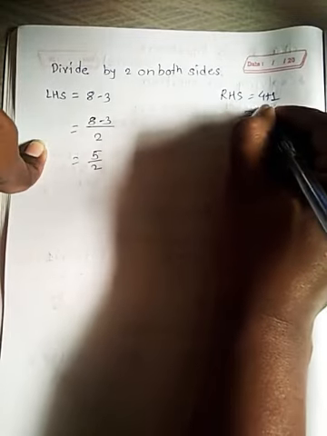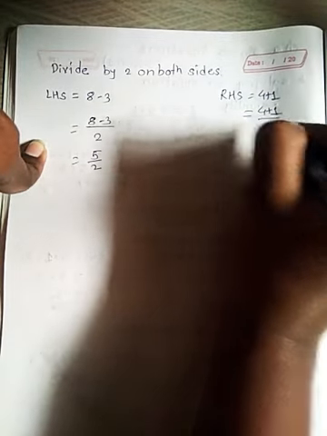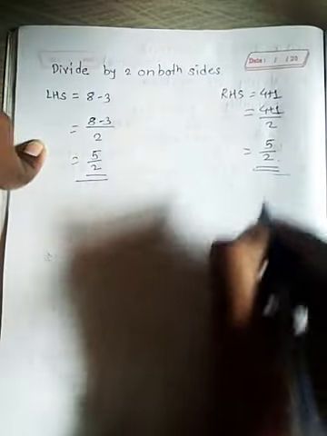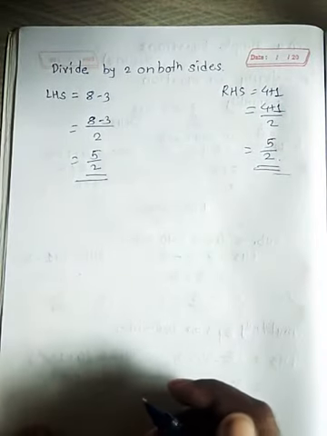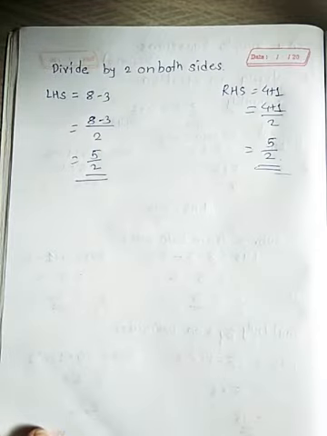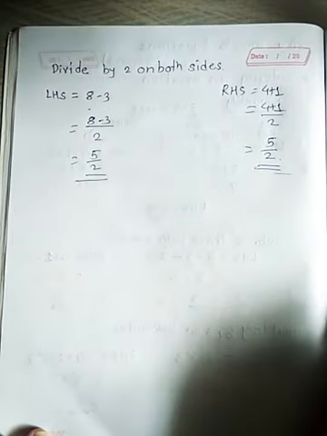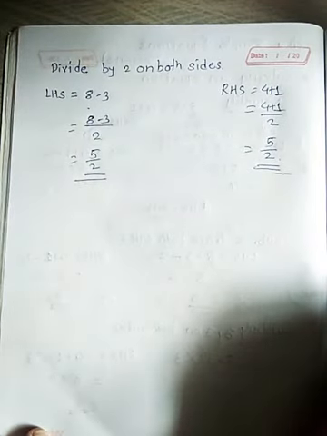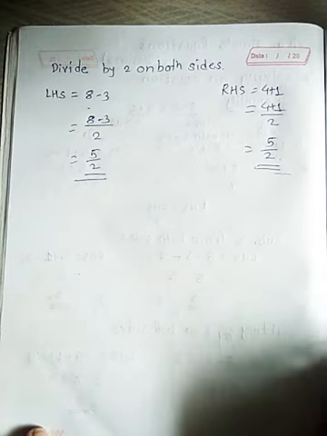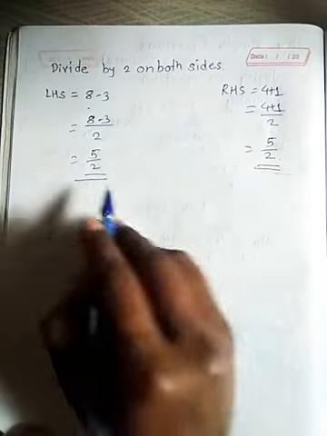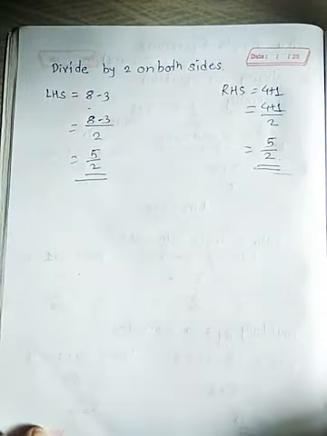Here RHS 4 plus 1 divided by 2 is equal to 5 by 2. Then no difference. When we divide both sides of an equality by the same number, it will not make a difference. The equality remains the same.